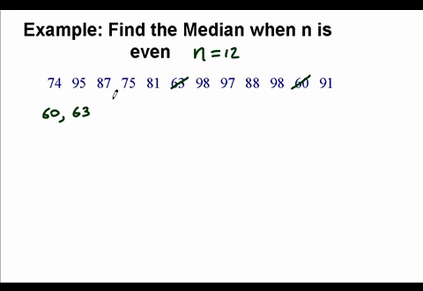I'll use commas to separate. Next number up is 74, then 75. So that one's gone, that one's gone. Next number up is 81.